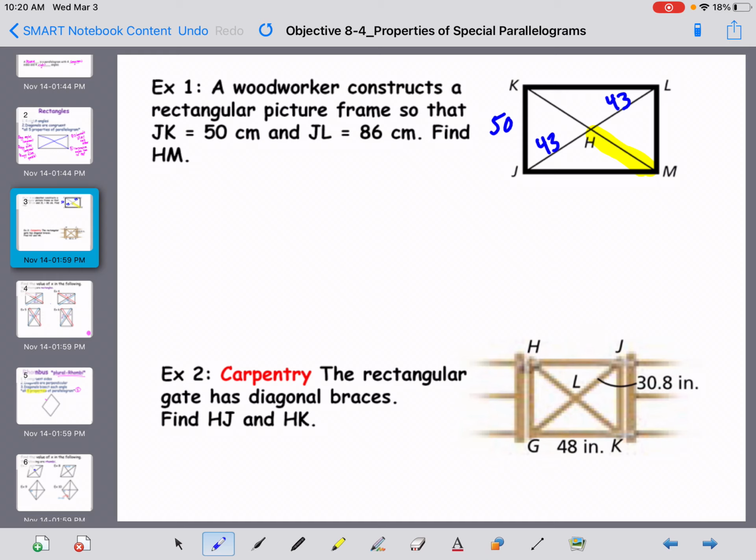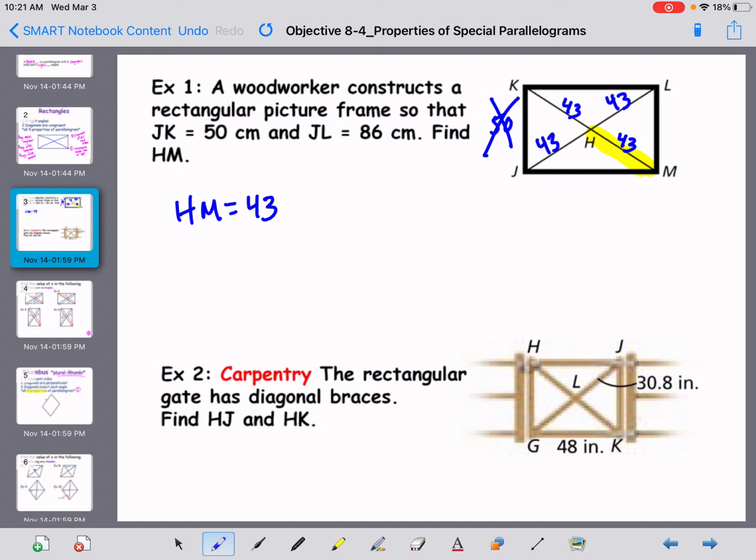Not only do these diagonals bisect each other, but these diagonals are also congruent. So I could say 43 and 43 there as well, and that would give me HM. I want to point out that I didn't do anything with that JK. That was just some extra information.